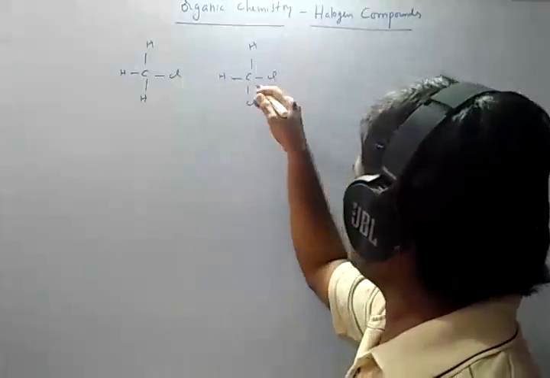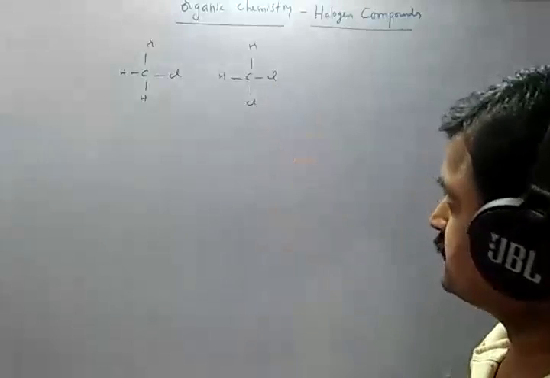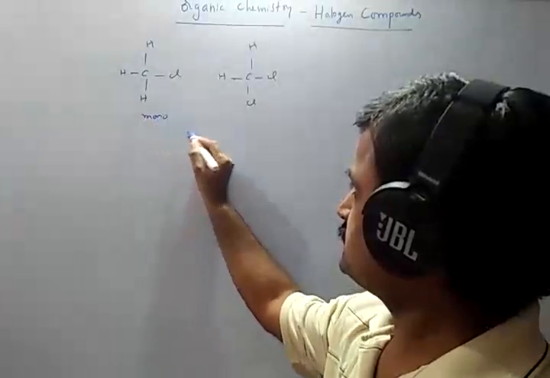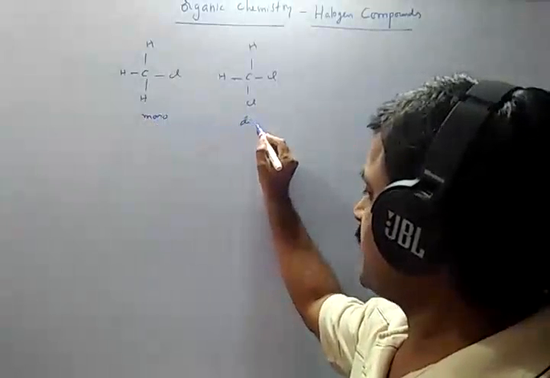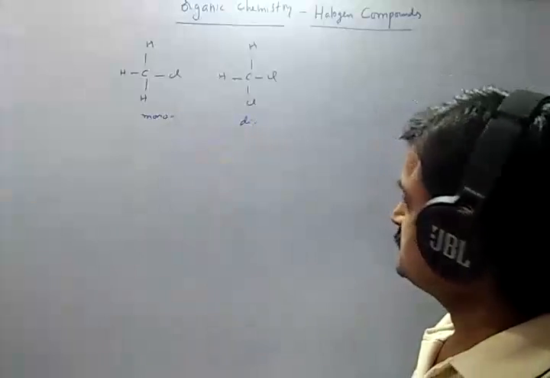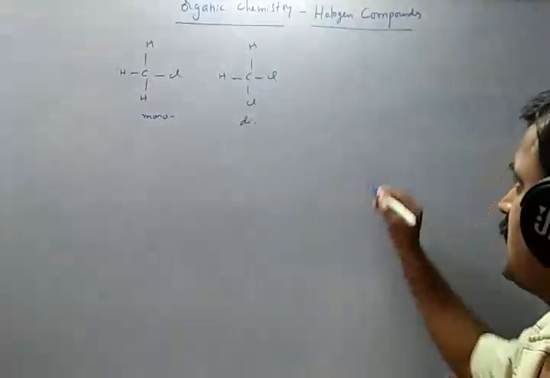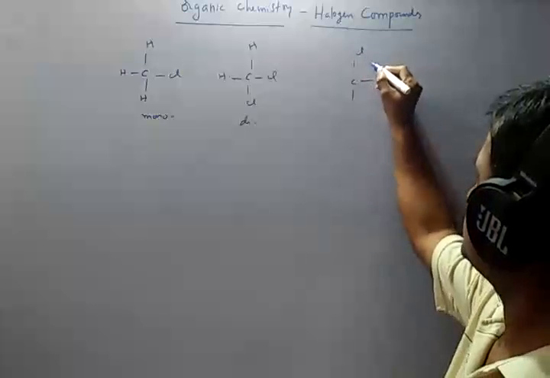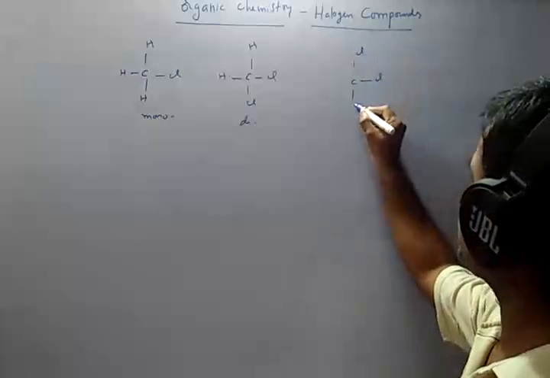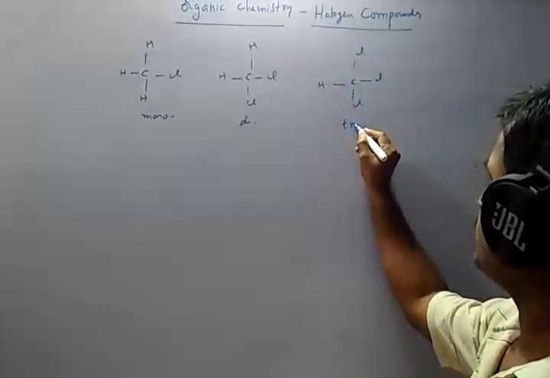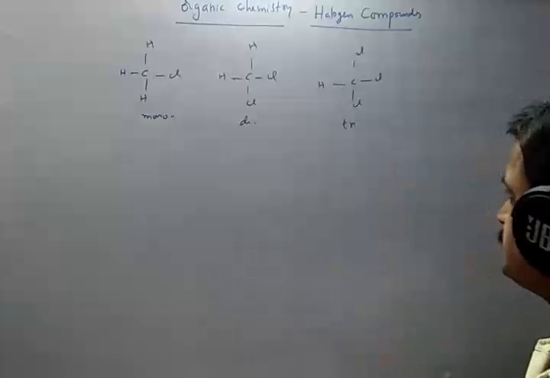the carbon is with two chlorines now. This is called a monohalogen derivative. This we can call a dihalogen derivative. Similarly, if three halogens are there in place of three hydrogen atoms, then we can call this a trihalogen derivative.